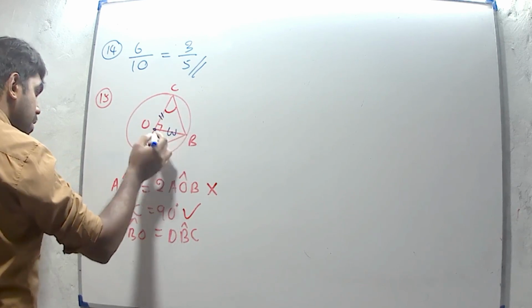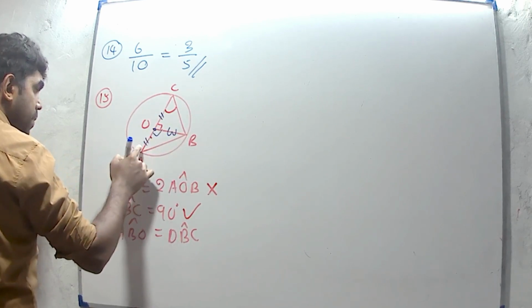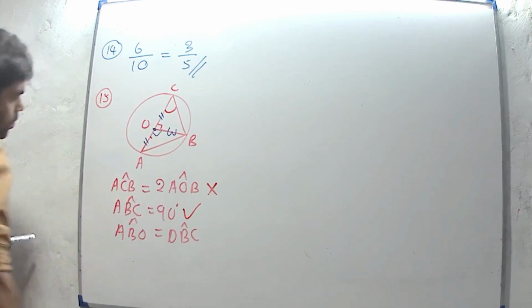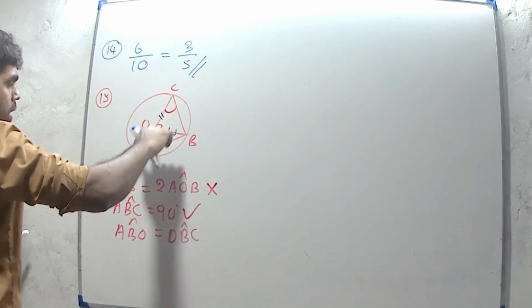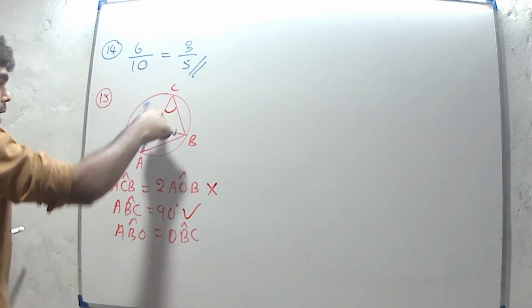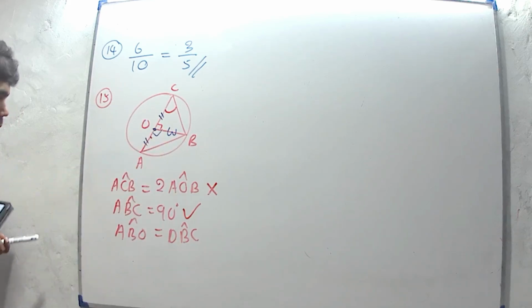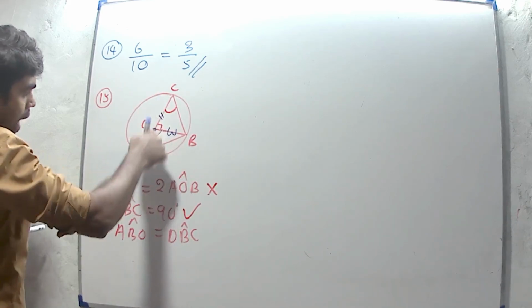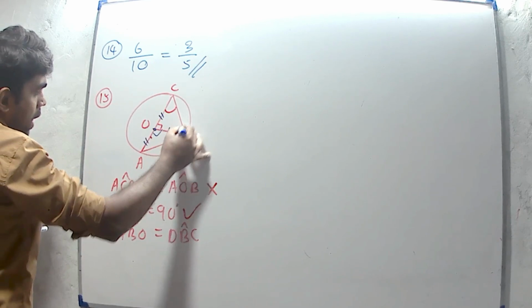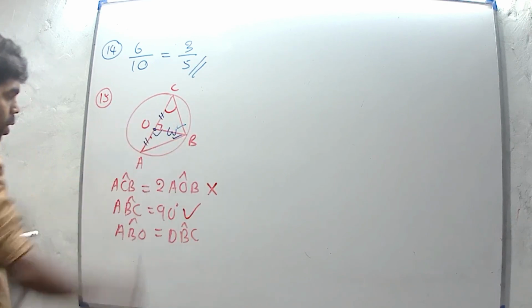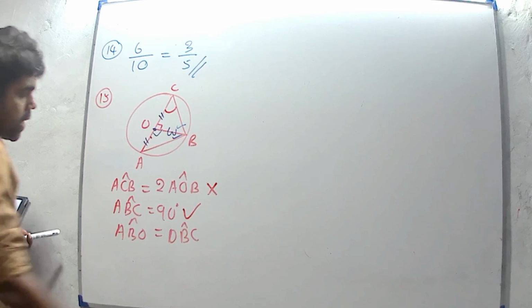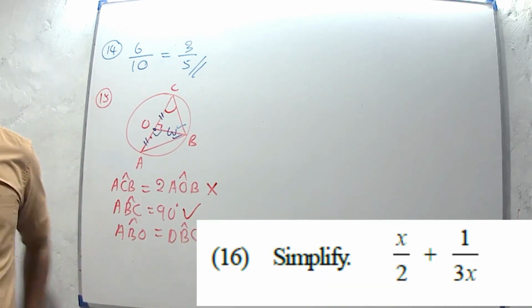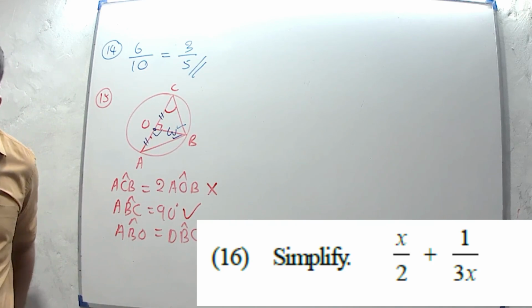They have given it. Then, according to the side angle side condition, these 2 triangles are congruent. If these 2 triangles are congruent, corresponding angles are equal, so ABO equals OBC. It is correct.